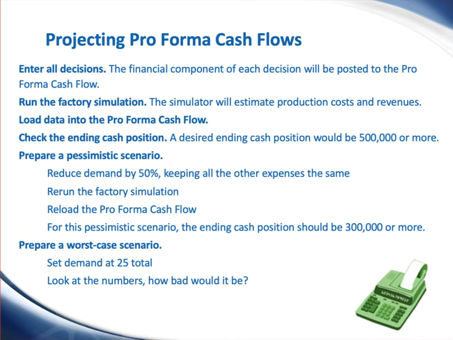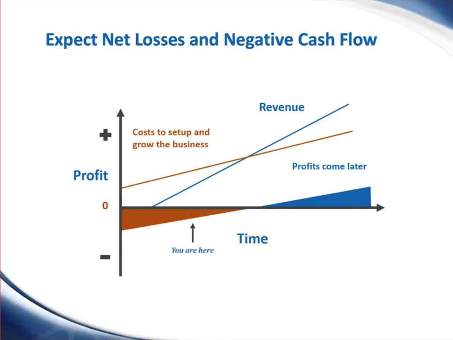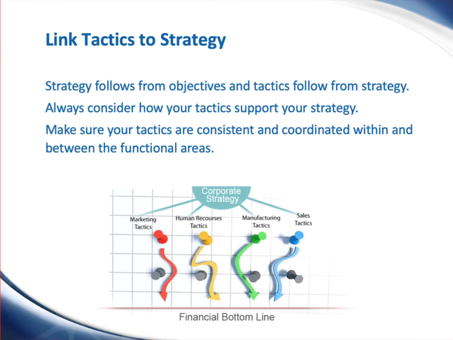It will really put you on a negative trajectory from which you will have a hard time to recover during the simulation. And remember, you expect net losses and negative cash flows at the beginning, but you can't overdo it. You cannot go bankrupt in the beginning because you don't run your simulations and your pro forma cash flows, so you know what's going on.